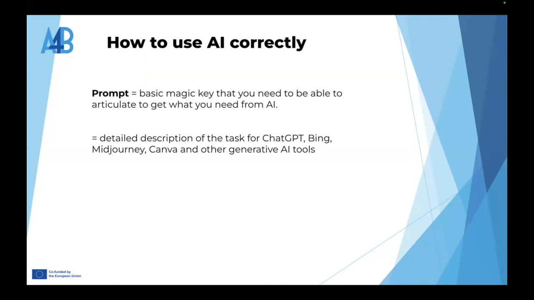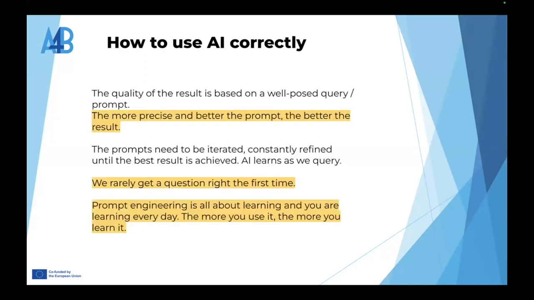Midjourney and Canva image generative tools also work on prompts, so the prompt is the basic that you should know. But the majority of people use ChatGPT only on basic skills.